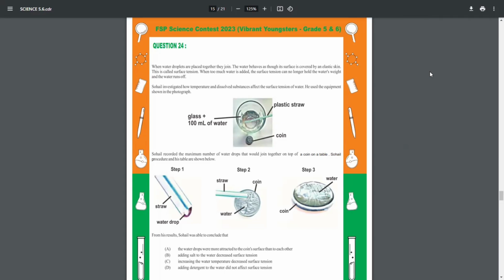He used the equipment shown in the photograph. Hale recorded the maximum number of water drops that would join together on top of a coin on a table. His procedure and table are shown below. From his results, Hale was able to conclude that increasing the water temperature decreased surface tension. Option C.